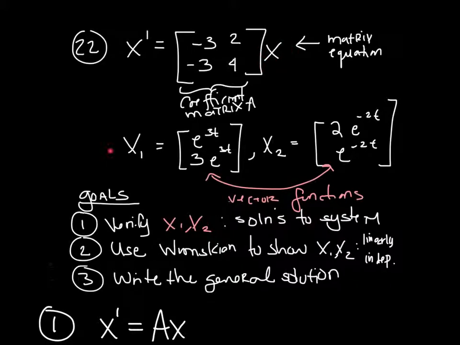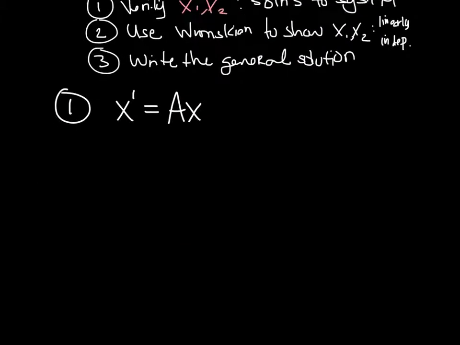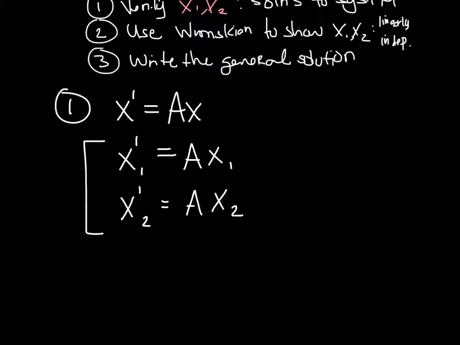We have two solutions given, x1 and x2. Separately, we're going to take x1 and its derivative, then multiply our A by x1, and similarly for x2: take the derivative, write our coefficient matrix, and multiply our 2 by 2 matrix by our vector function x2. This is what I want to show in order to verify that this is true.